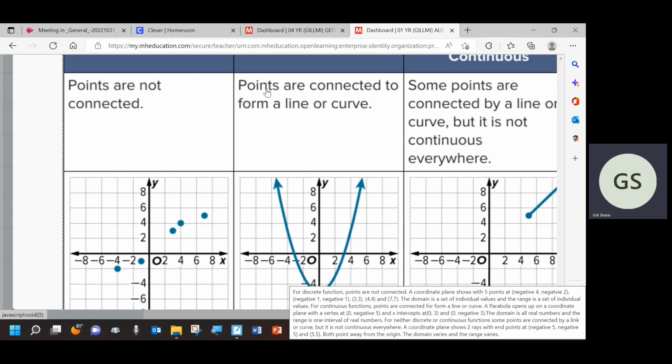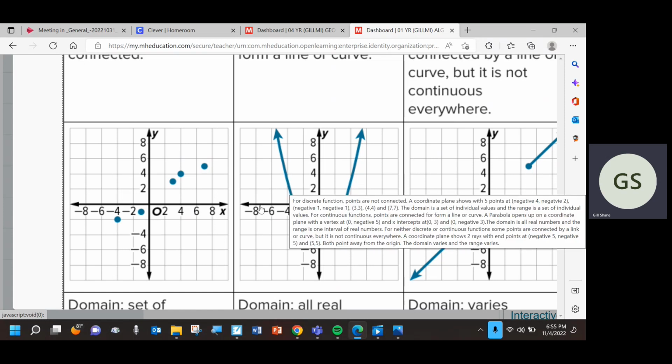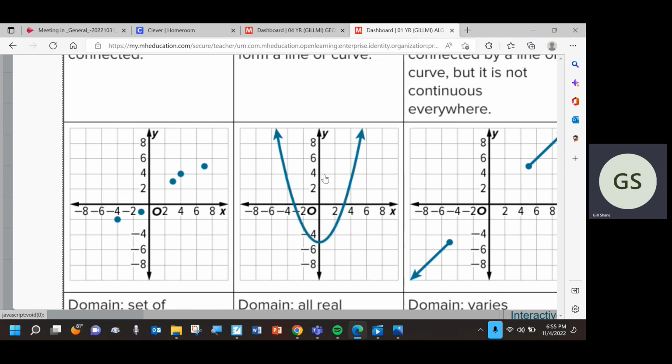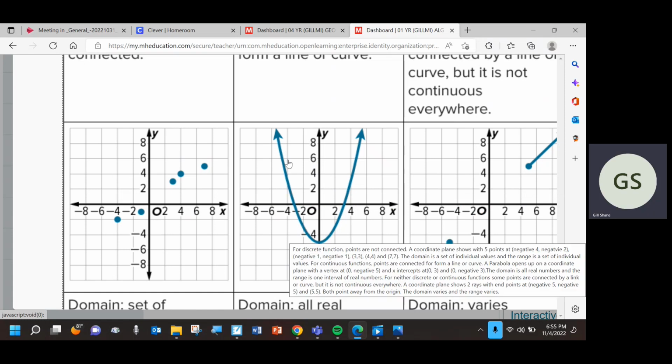Now, when it comes to domain and range, that gets a little bit trickier. Domain, again, is all of the X values. So if we're talking about all of the X values, that means what are the possible X values for this function? Basically, where will this graph be either above or below the X axis?